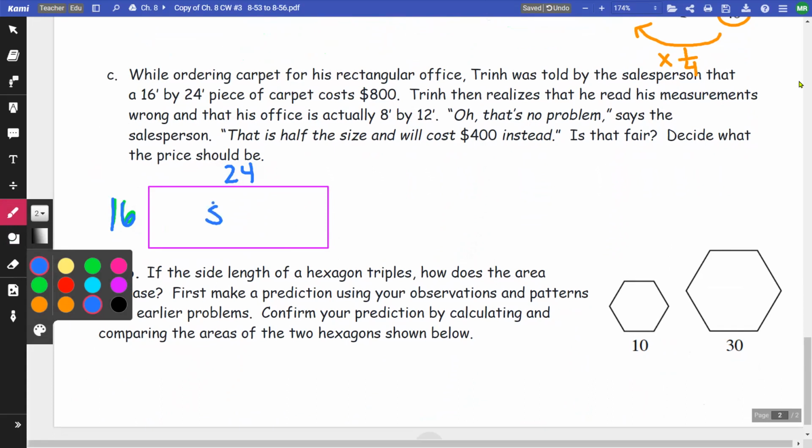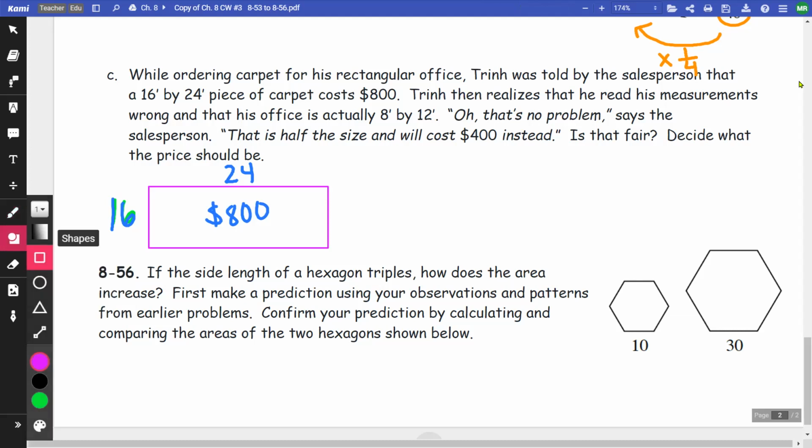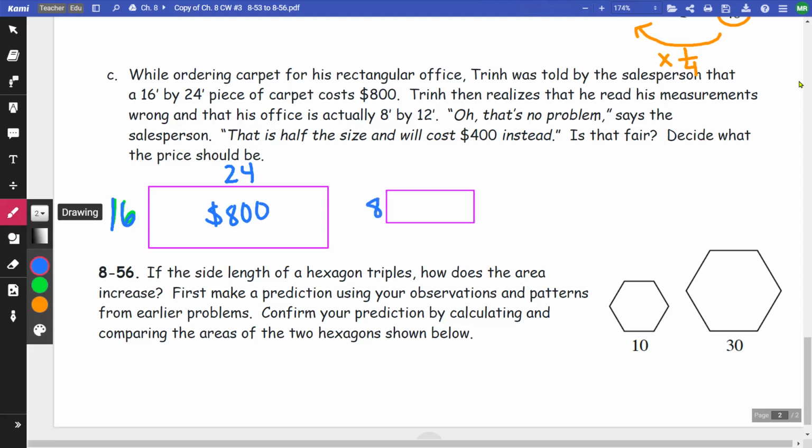So the area is not this, but it's going to cost $800. Trin then realizes that he read the measurements wrong and that his office is actually smaller than that. It's half of that. So in this case, this is an 8 and this is a 12.